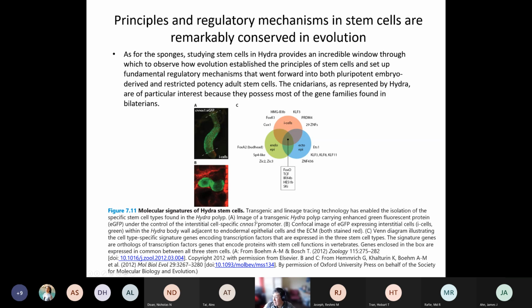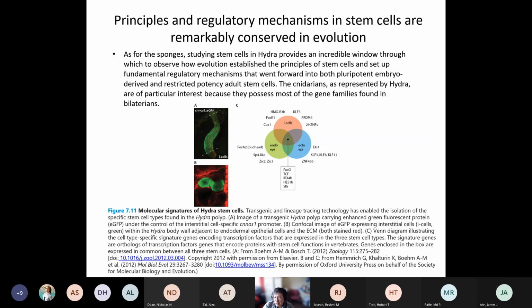That's an I cell specific gene and therefore an I cell specific promoter. You put the EGFP in that locus, and now you can label the interstitial stem cell. Similarly, you can label the other two stem cell types as well with different colors.